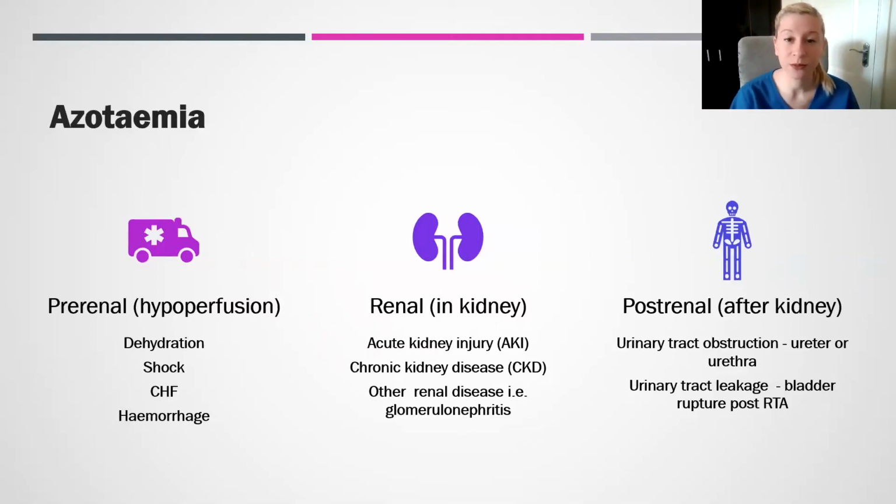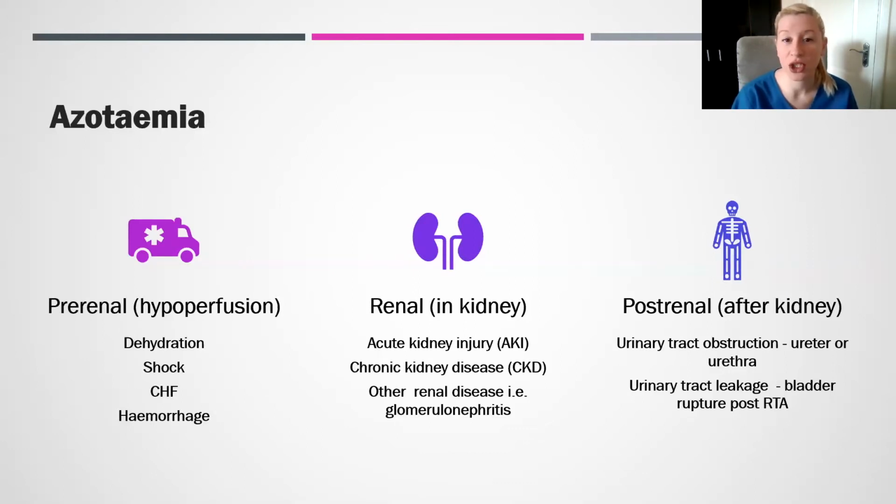So pre-renal just means usually it's caused by a hypoperfusion. So maybe the patient's dehydrated, or maybe they have hypovolemia, hypovolemic shock. If the perfusion is affected, then the waste products aren't being carried to the kidneys in order for those waste products to be excreted. So quite often this is easily rectified.